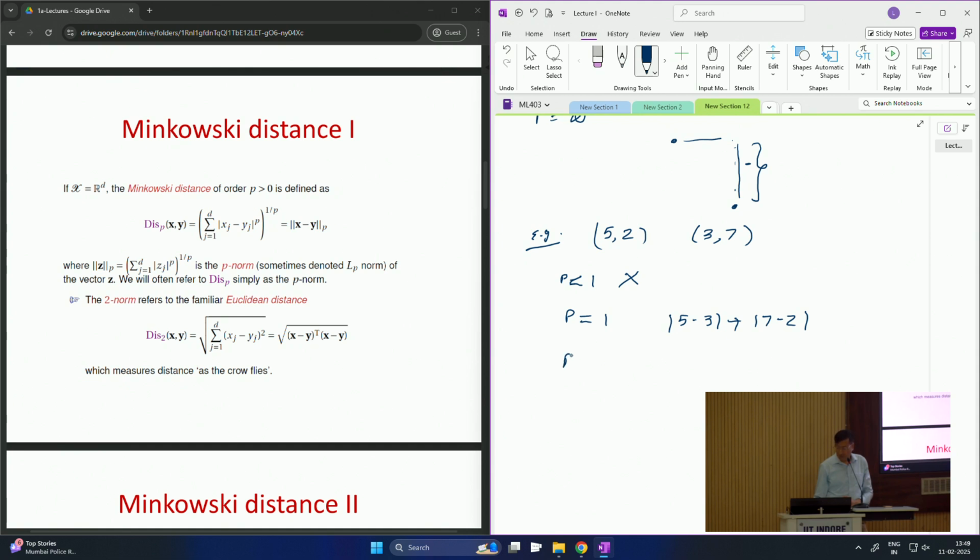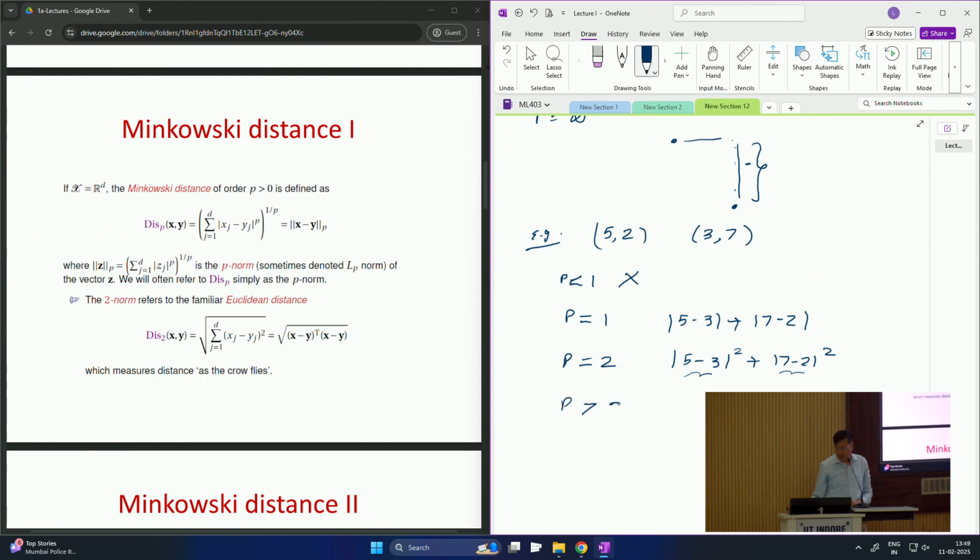Right? When P is equal to 2, then it is 5 minus 3 square plus 7 minus 2 square. So which is the larger difference? This is 2 square and this is 5 square. So this starts dominating.